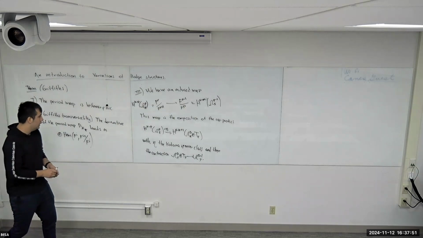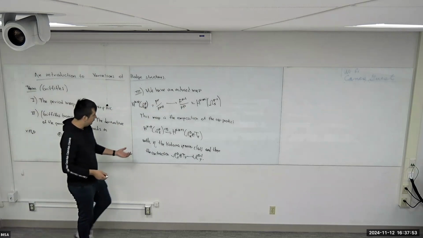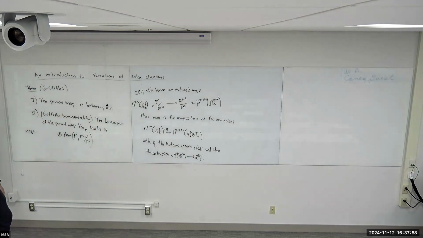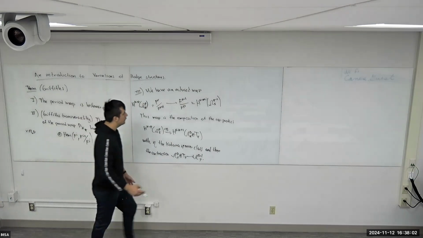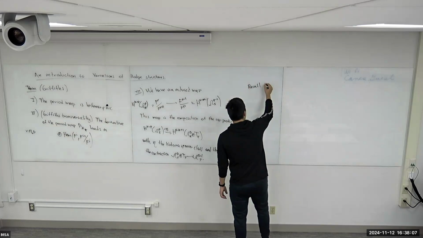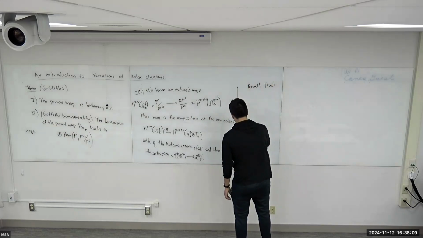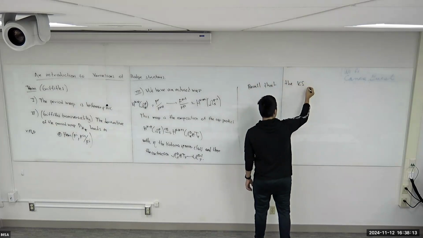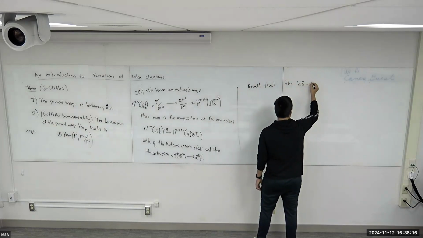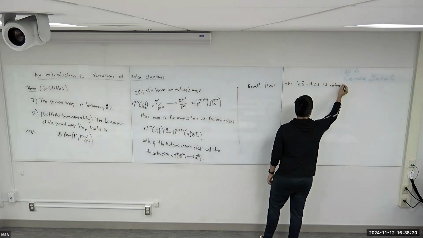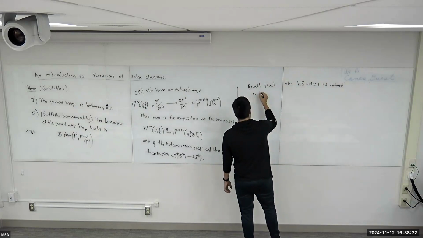So let me just recall briefly the definition of the Kodaira-Spencer class, and I will sketch a very rough idea of the proof. Recall that the Kodaira-Spencer class, let me use the notation KS, is defined in the following way.